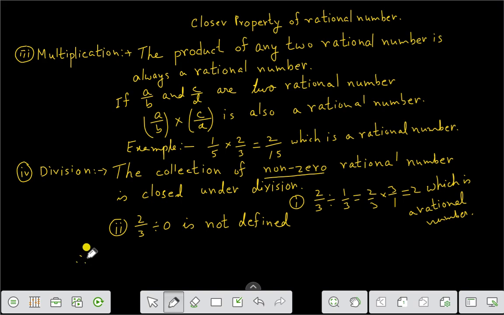Therefore, you can say that the rational numbers are not closed under division.